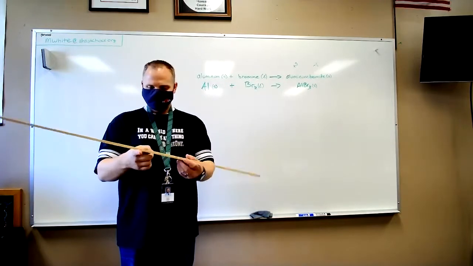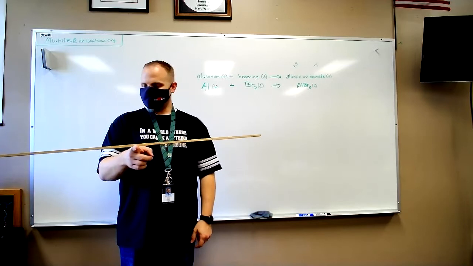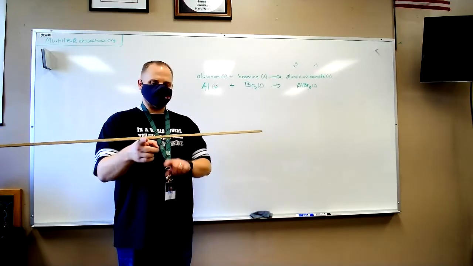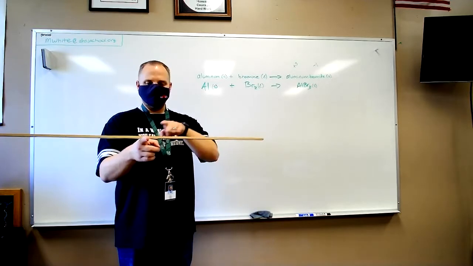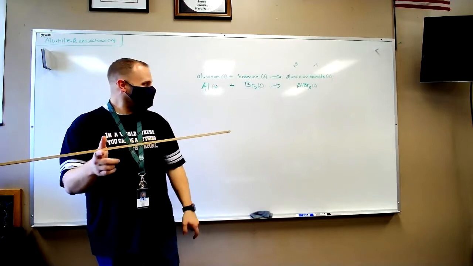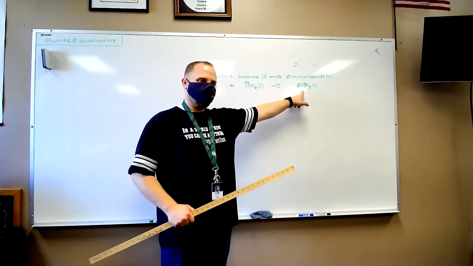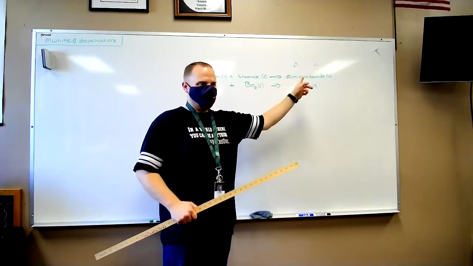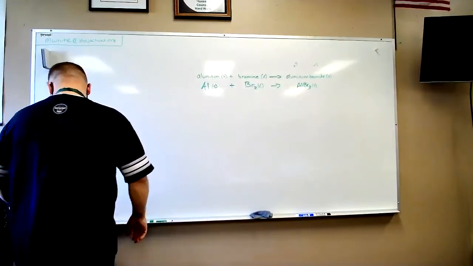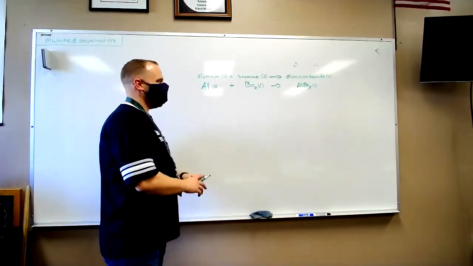Okay? Figure out where the midpoint is. Right there. So to balance something, you have to have the same amount of mass on both sides, right? Right now, this has too much. This is not balanced because there's the extra atom right there. So we need to figure out a way that we can fix that.